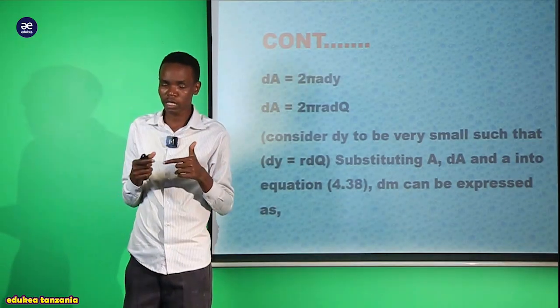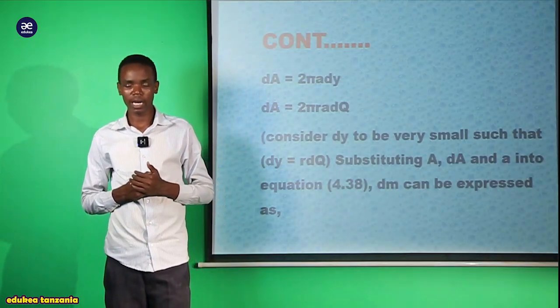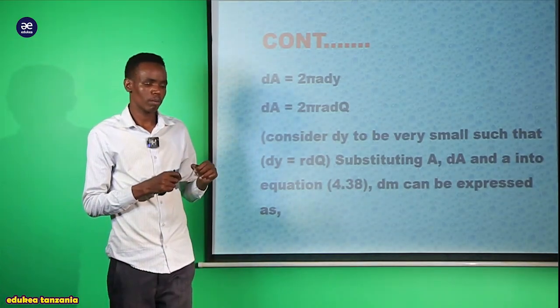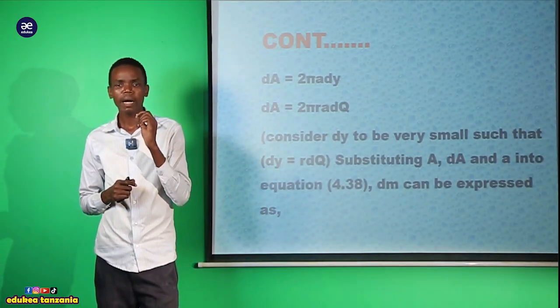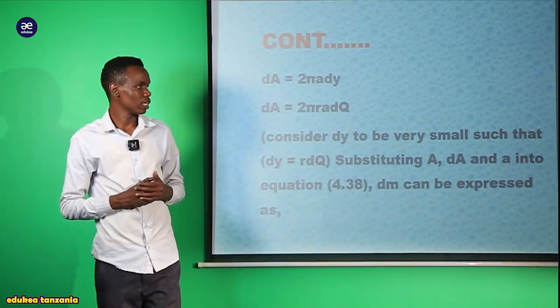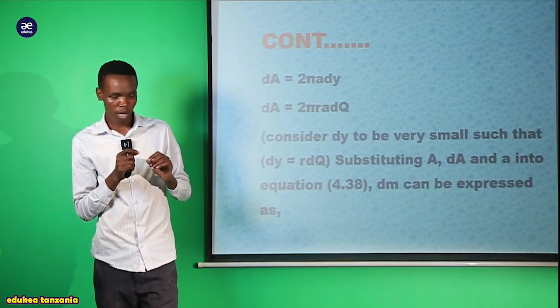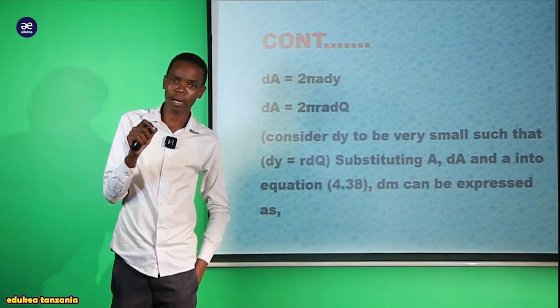We know that the formula for the area of the whole sphere is 4 pi r squared. Now for the elemental ring, the area, my dear student, is given by 2 pi a dy. This is how it is obtained from area equals 4 pi a square.